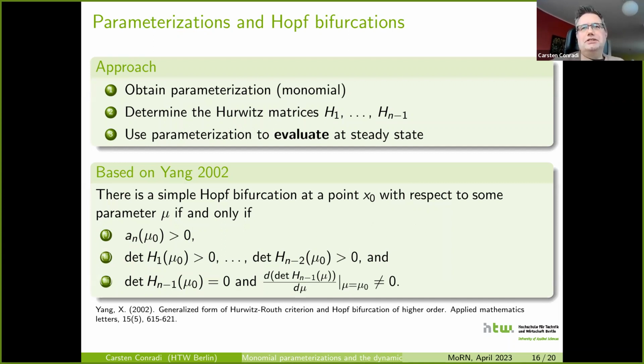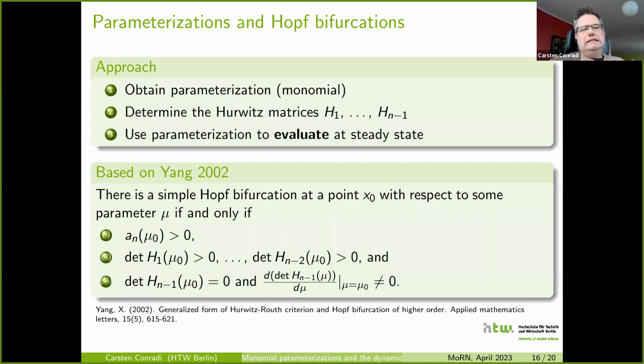And if we have a parametrization of the steady states, we can evaluate the Jacobian at this parametrization and then obtain the coefficients of the characteristic polynomial, and these Hurwitz matrices evaluated at all steady states. And the idea is to exploit the theorem of Yang from 2002, that basically gives a sufficient and necessary condition for a simple Hopf bifurcation. And this basically asks that all Hurwitz determinants are positive, and one of them is 0.